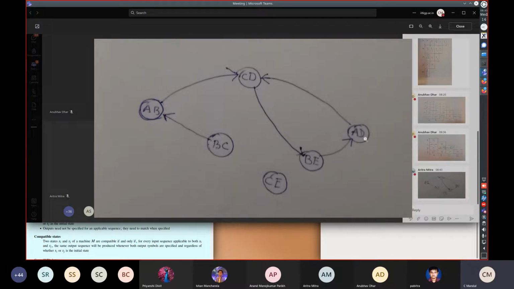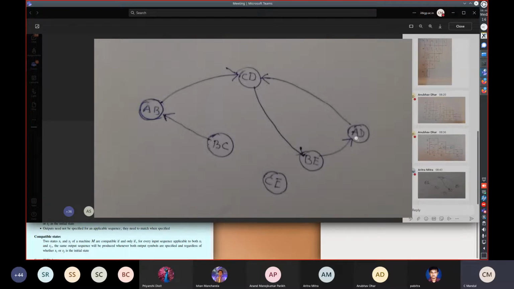We'll look at that. Do you see any other possibility? If you try to construct this, then D is in both the sets. So you have to treat D a bit carefully, all right?